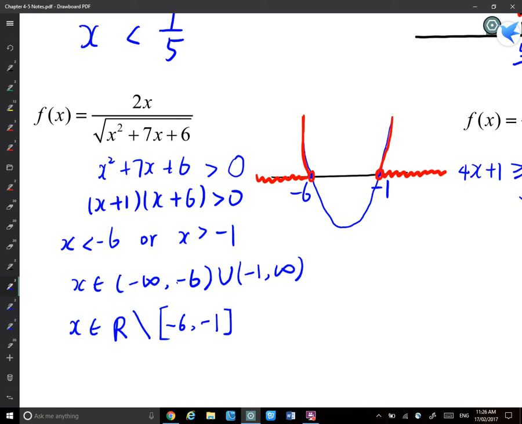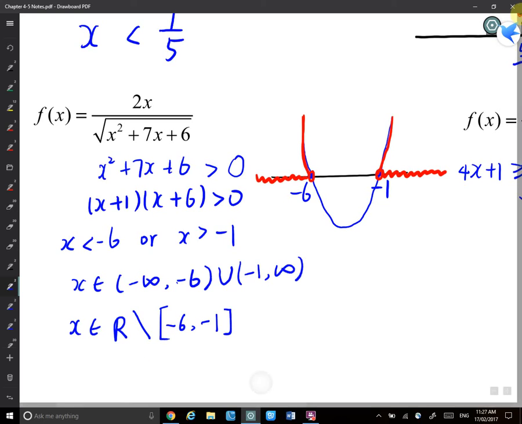I don't want -6, I don't want -1, because those two values can make the expression 0. So I should have a square bracket, meaning -6 and -1 and everything in between, including those two values, need to be excluded. So it should be a square bracket after that excluding sign.